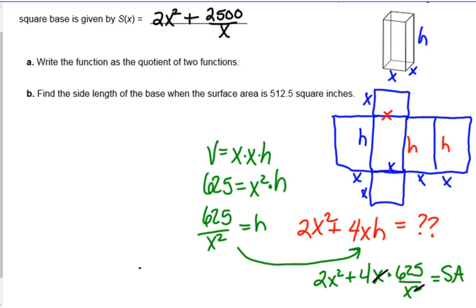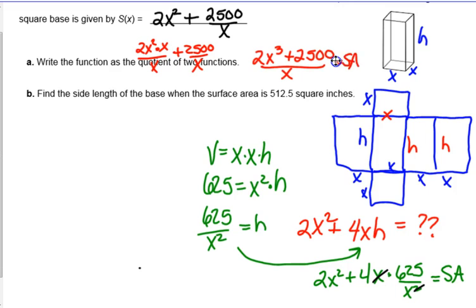In other words, we need a common denominator. So we would multiply this guy by x over x. So we'd end up with 2x squared times another x over x plus 2500 over x, which would give us 2x cubed plus 2500 all over x is an expression for the surface area.